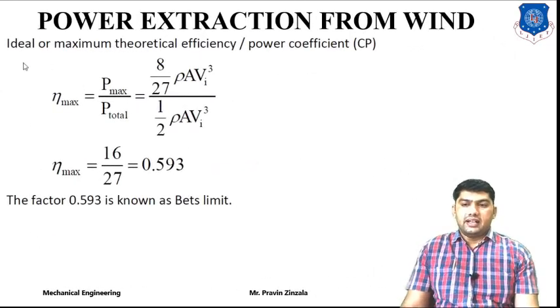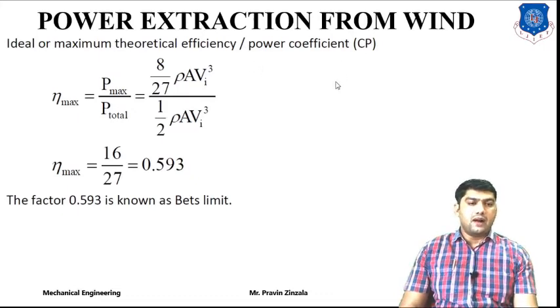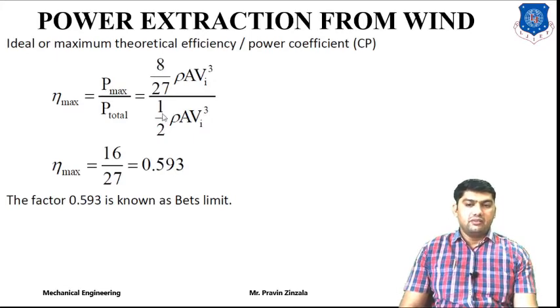And we can also derive the ideal or maximum theoretical efficiency, or power coefficient, which means maximum power divided by total power. So we will get the maximum efficiency. This is 8 by 27 rho A V cube, the maximum power, and the total power we have already derived, the power available in wind, which is 1/2 rho A V cube.